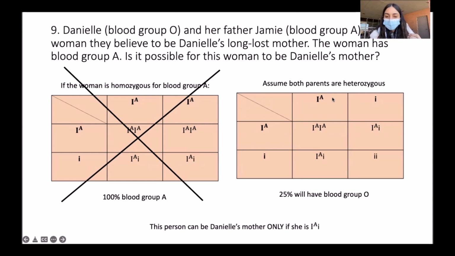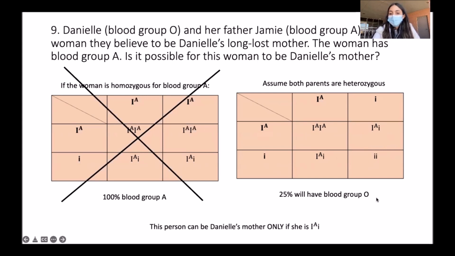So here, we're gonna assume both parents are heterozygous. So we're gonna have A little i, and then we're gonna cross them. And we see this is double A, A O, and this is O. So we get O here, and we have a 25% chance to have blood group O in this situation.